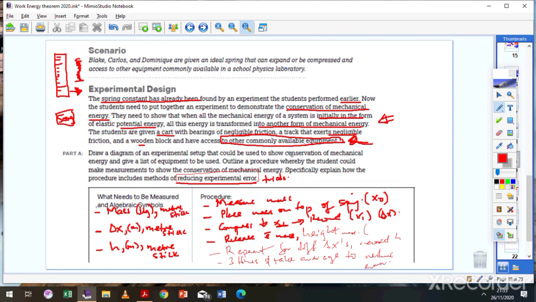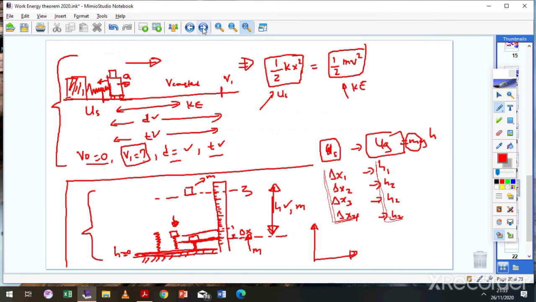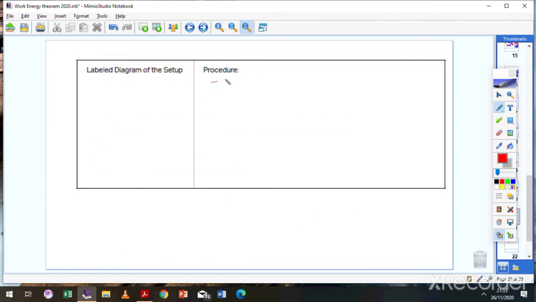After you've repeated and averaged, you can calculate the elastic potential energy using one half k extension squared, and then you can also calculate the gravitational potential energy using mgh.